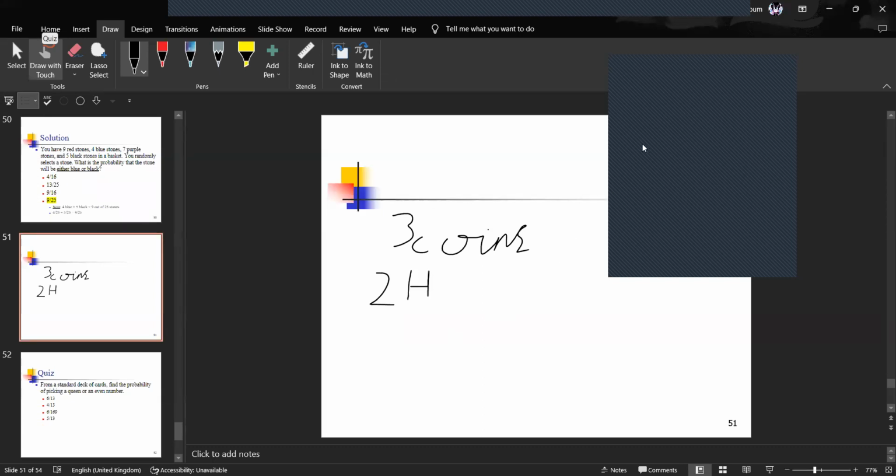So for any of these events, we have 50% for each one.